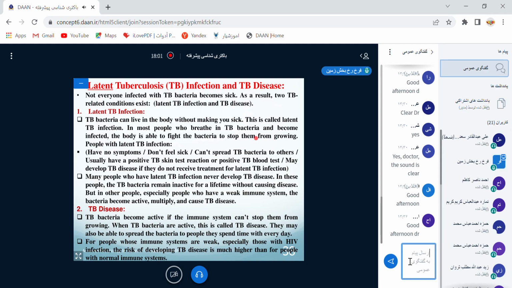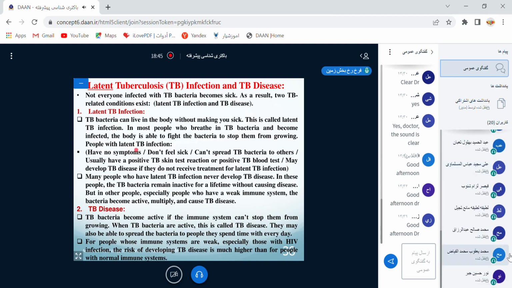So if the immune system is powerful, it stops growth and multiplication of tubercle bacilli, even though they go to a static situation, don't grow, don't multiply, so they can escape from the immune system. They are there without doing anything. They are in the body of some people without doing anything. They are only alive, but there are no signs and symptoms. So it is latent infection.